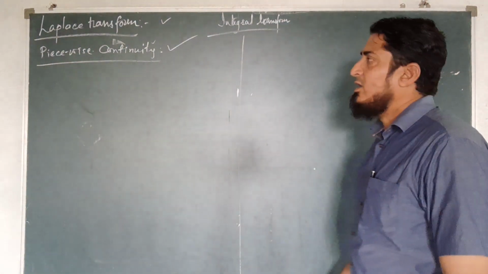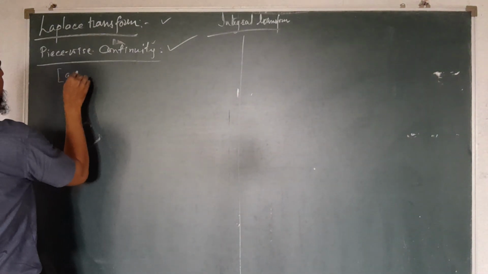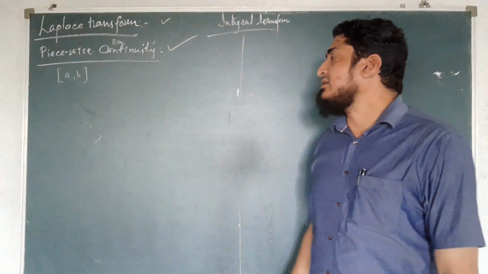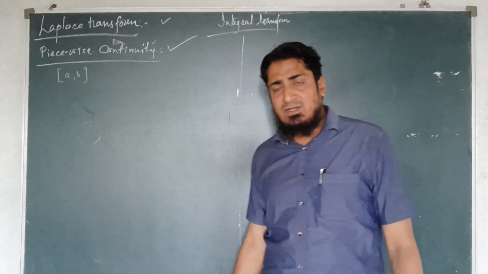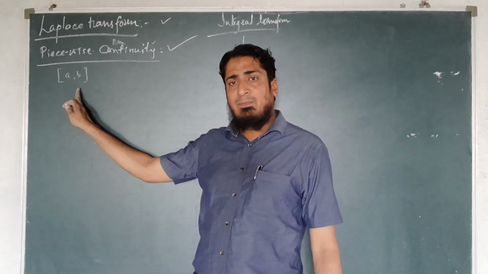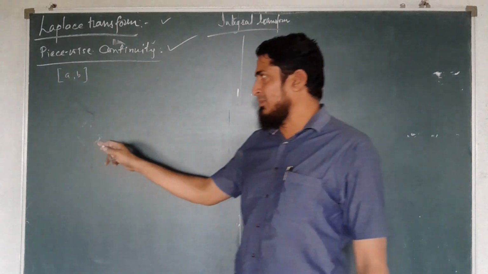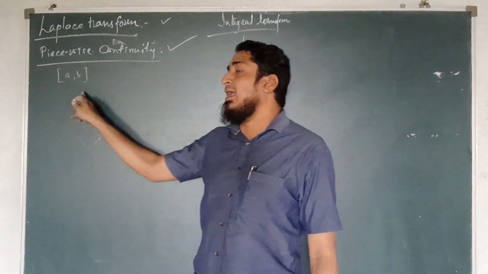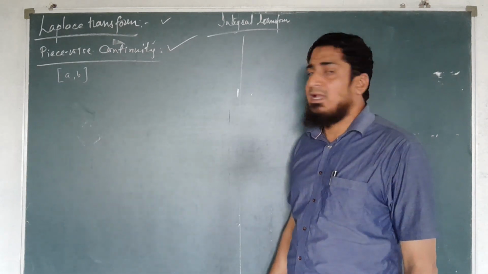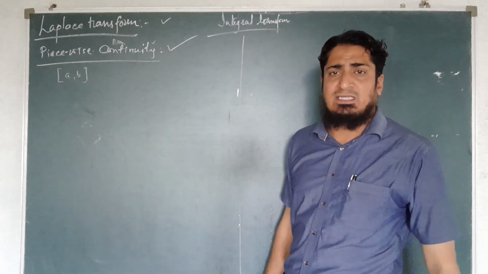We know that if we have an interval AB, then a function f of x is said to be piecewise continuous if f of x is continuous in every subinterval of AB, and at every subinterval the left and right hand limits are finite. Then we can say that the function is piecewise continuous.